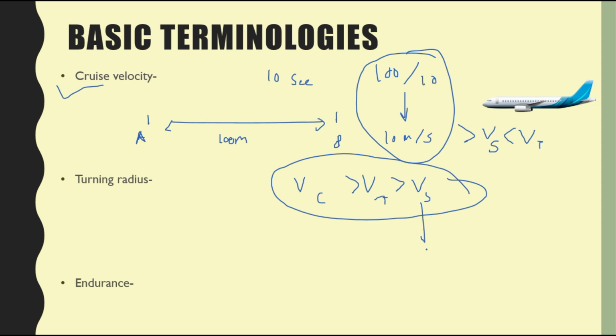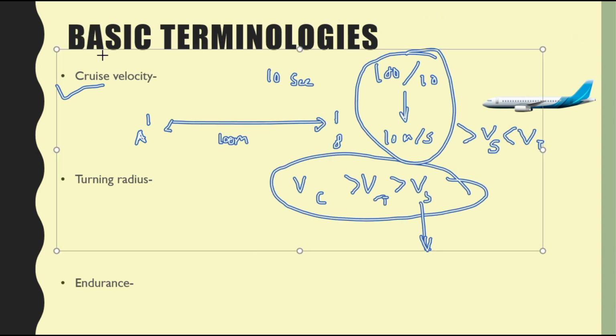So we need to keep the stall velocity as low as possible, so that the aircraft can fly at a lower speed as well. The lesser the v stall, the better your plane is. But what are the constraints in that? What is the condition for that? We'll see afterwards.